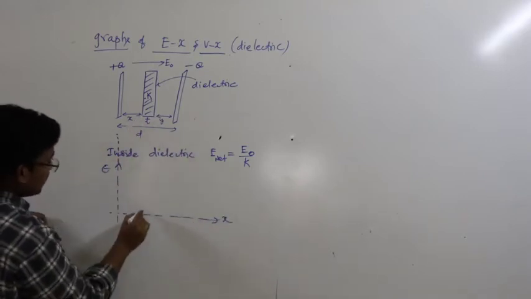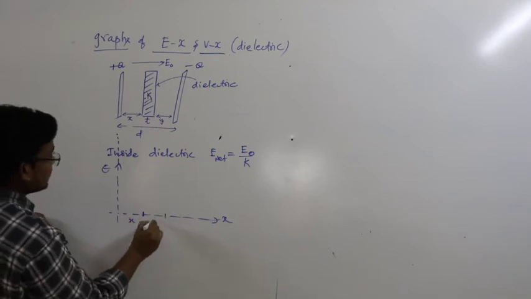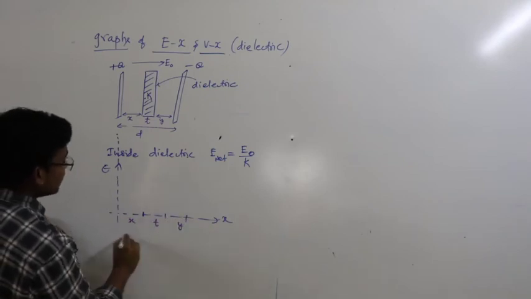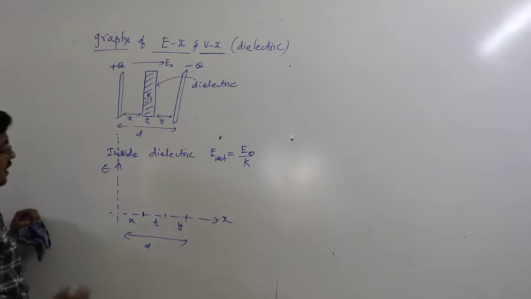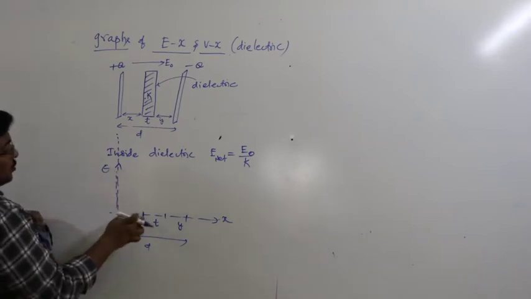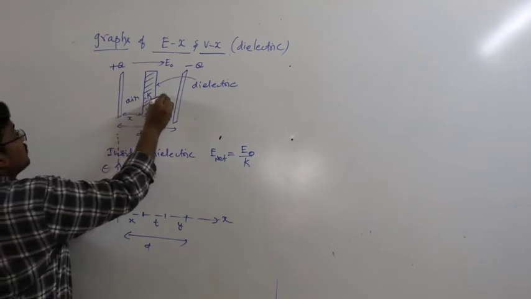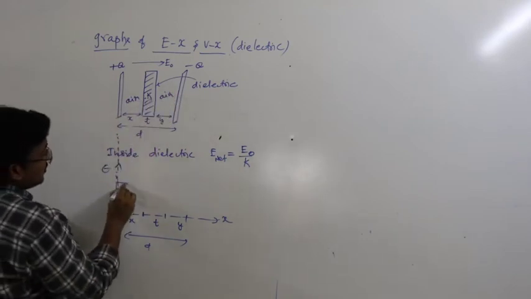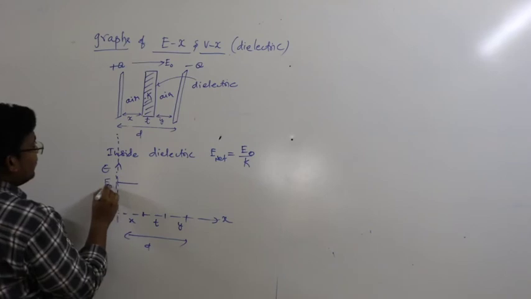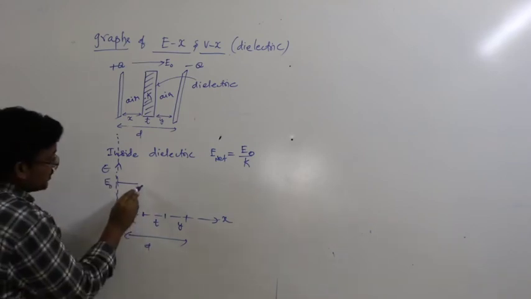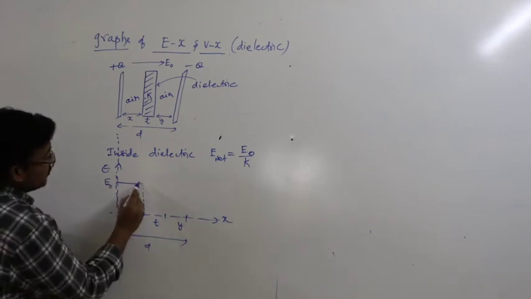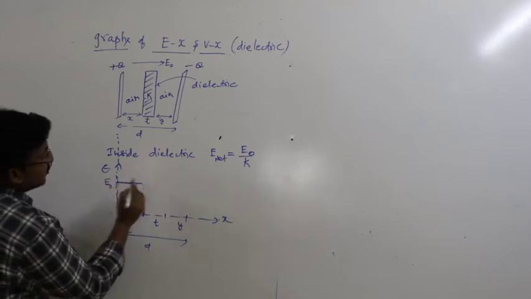See, up to this one, this is the distance x, and the total distance is d. I can say that up to x distance this is air or vacuum. So the electric field will be E naught. So up to the distance x, the electric field will be constant, which is equal to E naught.